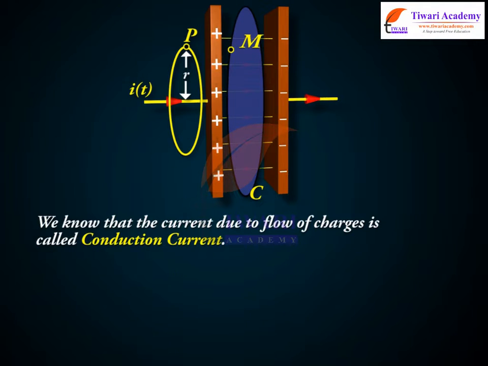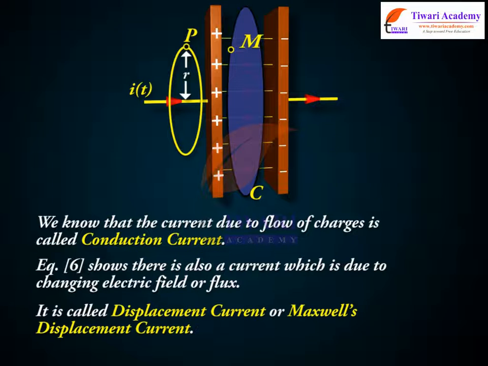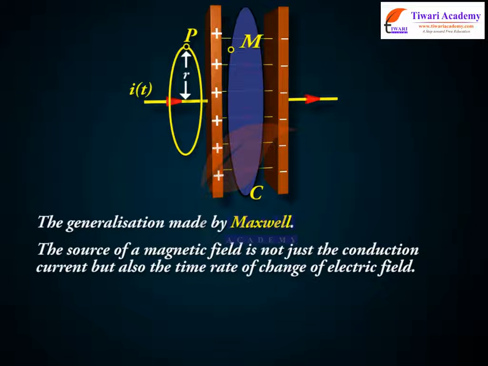We know that the current due to flow of charges is called conduction current. Equation 6 shows there is also a current which is due to changing electric field or flux. It is called displacement current or Maxwell's displacement current. The generalization made by Maxwell: the source of a magnetic field is not just the conduction current, but also the time rate of change of electric field.